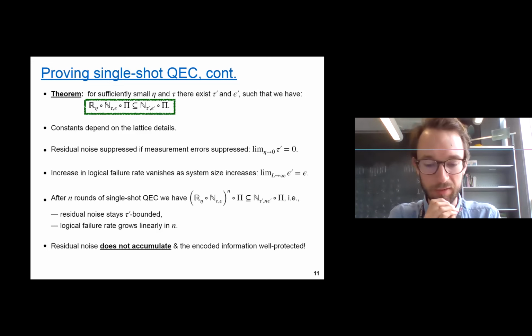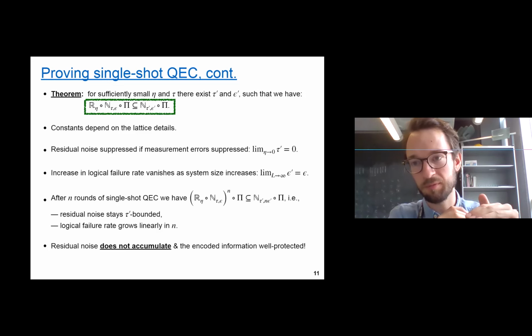And if you make mistakes there, then this can lead to mistakes when you do the error correction. But as you increase L, for eta below some threshold, the probability of making a mistake becomes very, very small. That's the important thing. Oh, okay.